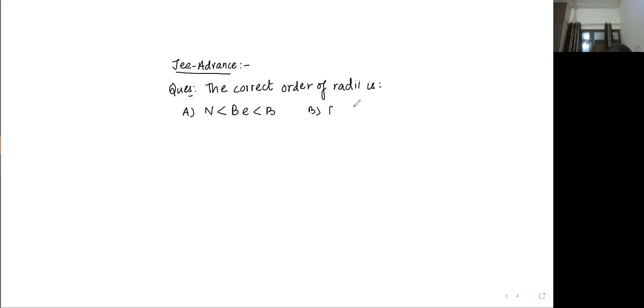B. Fluorine minus, oxygen 2 minus, N3 minus. C. Sodium, lithium, potassium. D. Fe3 plus, Fe2 plus, Fe4 plus. Try to do this and tell me which one is correct. JEE Advanced question. Let's see how many of you are able to do it.